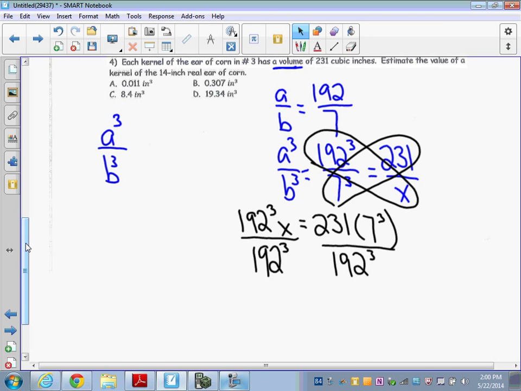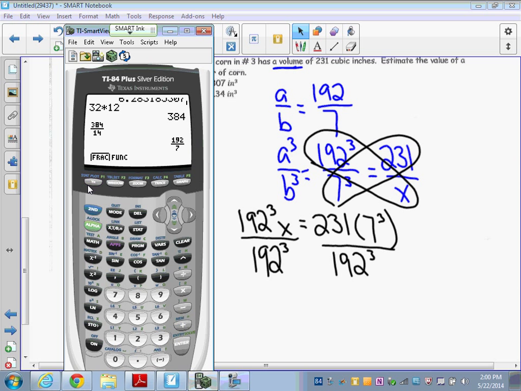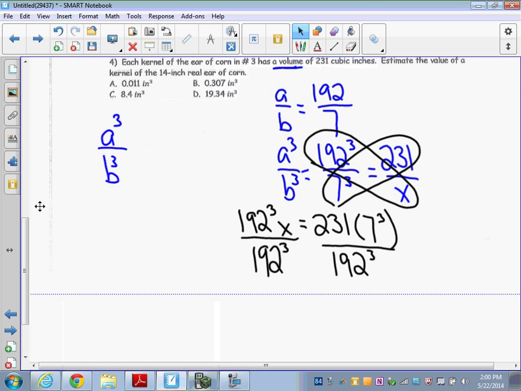And whenever I do all of that, I'm just going to put it in my calculator to get the right answer. So again, alpha y equals enter. 231 times 7. Remember, I use this caret button here. 7 to the third, and I have to hit over and close my parentheses, and then I have 192 to the third power. So I get 0.011, which is answer A.